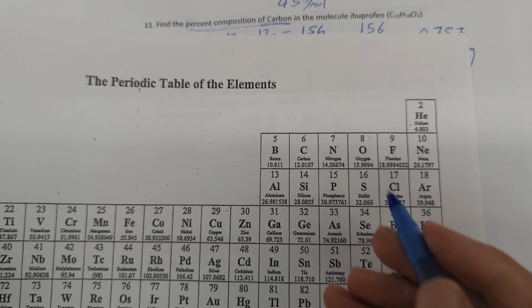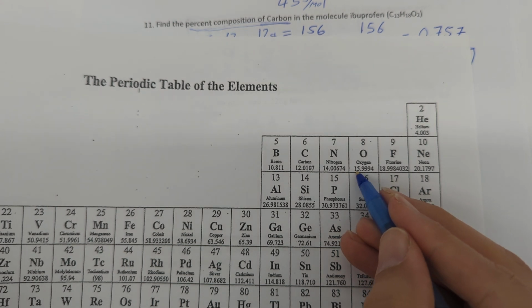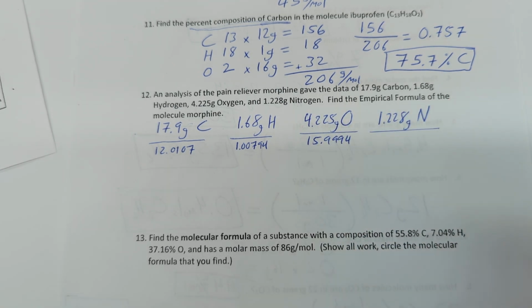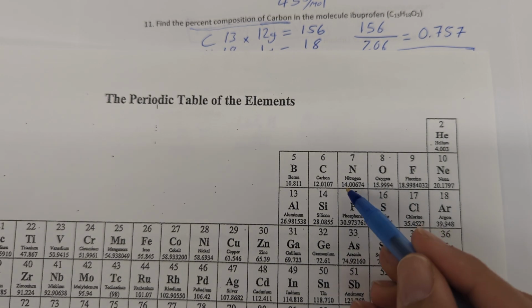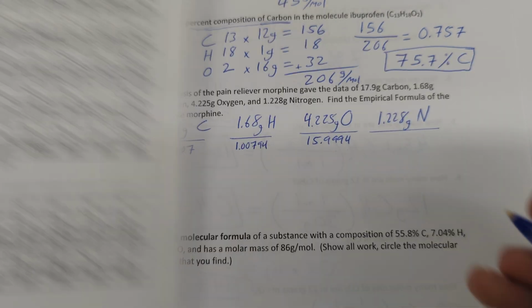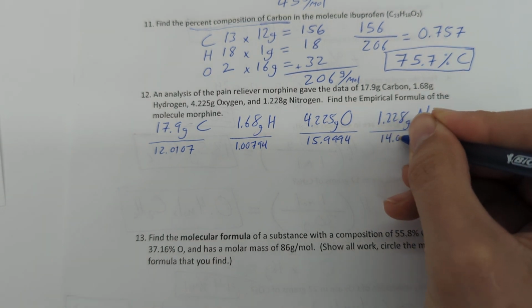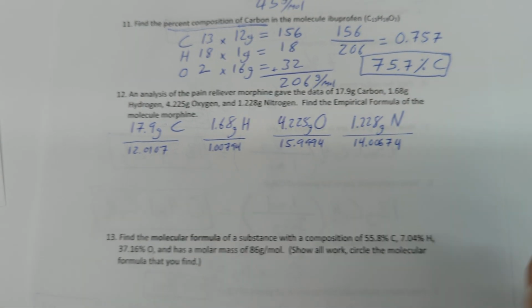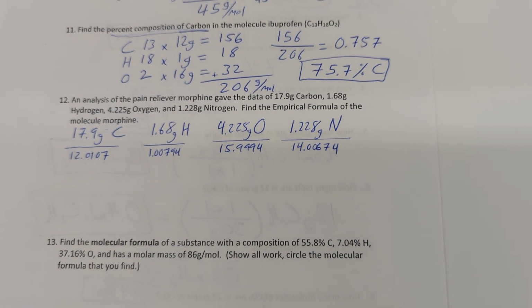Oxygen, we'll put all these decimals here, 15.9994. And nitrogen, 14.00674. All right, so we got those there.